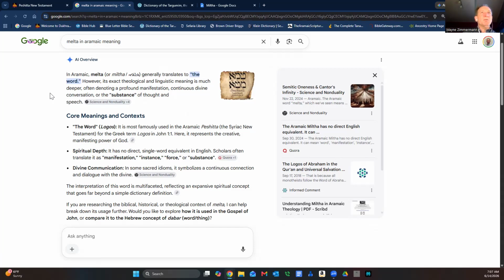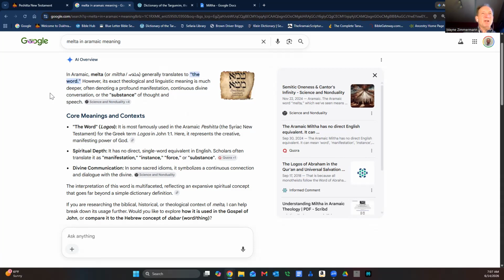So here it says it normally translates to the word, but its exact theological and linguistic meaning is much deeper, often denoting a profound manifestation, a continuous divine conversation, or substance of thought and speech. Again, how do you translate that into an English word to keep your Bibles from having 1,000 pages to them and condensing it?